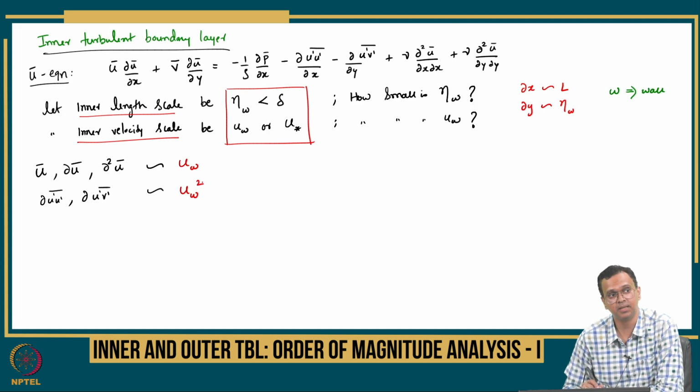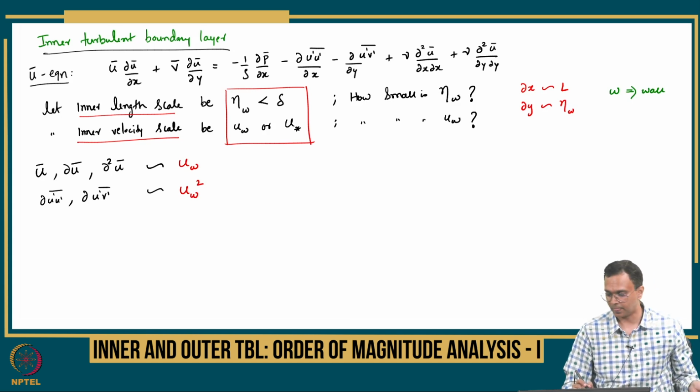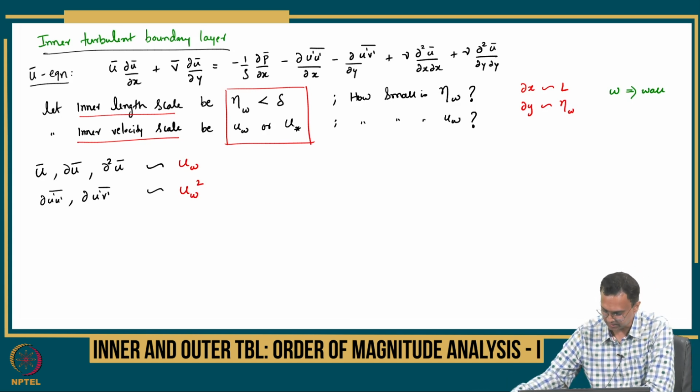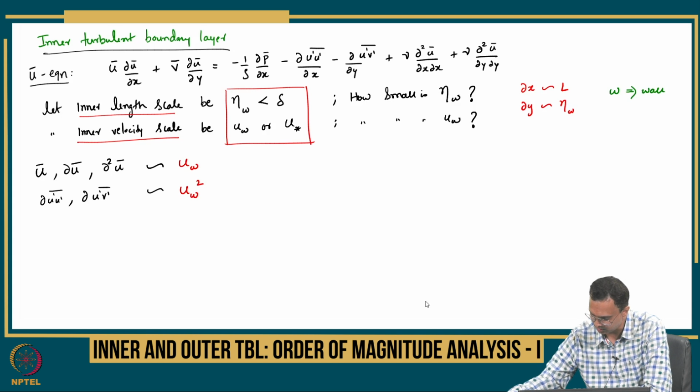I am going to choose the same scale UW. So why is that? For velocity or momentum I am using the inner velocity scale. For turbulence velocity I am also using the inner velocity scale. Both I am going to use the same. That's because I am going to show you the data. Otherwise this argument is not good.